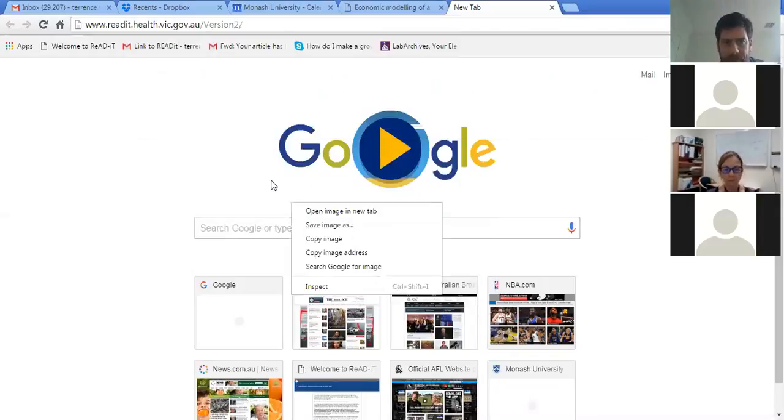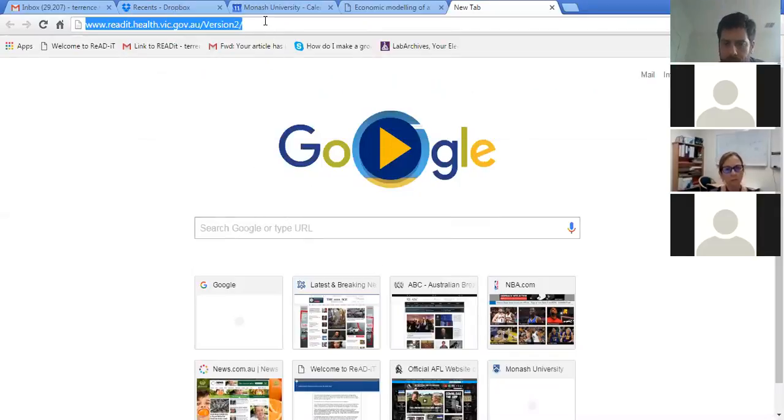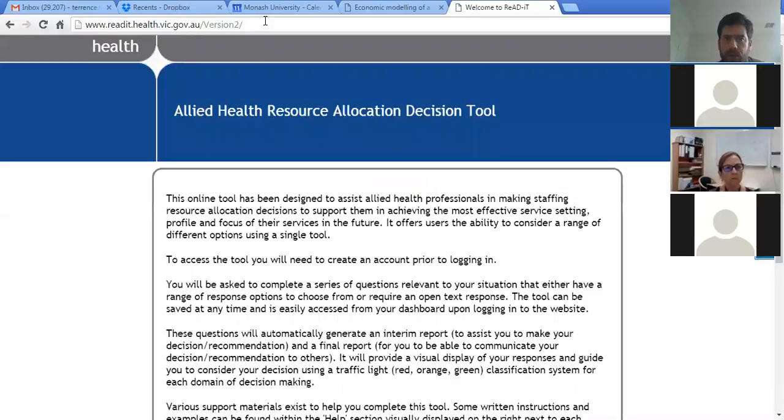So if you put that into your toolbar, you'll get through to the Resource Allocation Decision Tool. What I'm going to do now, just to make it a bit easier for everyone online who's able to see my screen, just confirm if you can see on your screens now the ReAD-iT website. Can everyone see the ReAD-iT website on there?